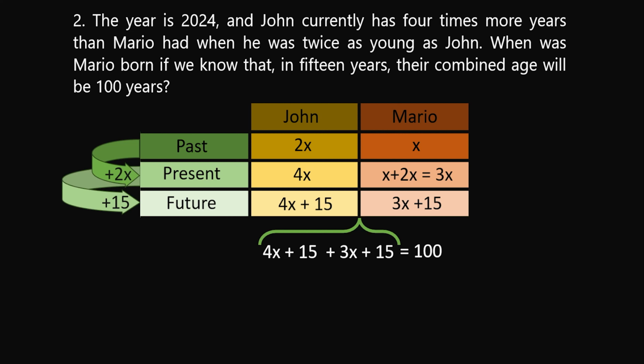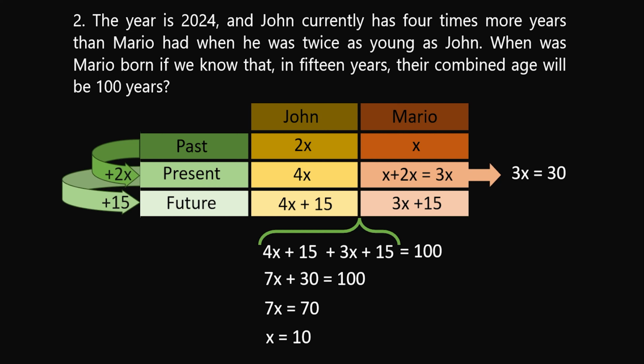Now, the only thing that we need to do is to solve the equation. So that's 7x plus 30 equals 100, 7x equals 70, that means that x equals 10. Since in the present Mario has 3x in years, that means that right now Mario has 30 years.